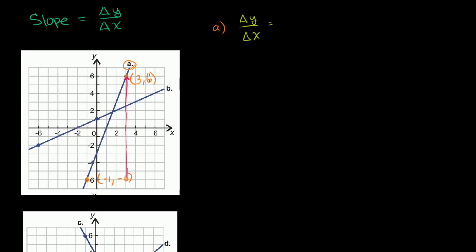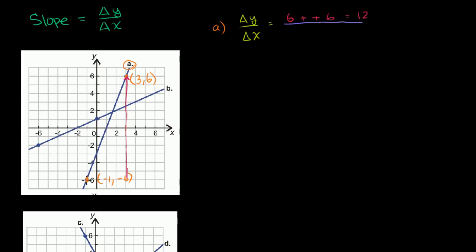So what's this distance right here? Well, it's going to be your endpoint y value, 6, minus your starting point y value, minus -6, or 6 plus 6, which is equal to 12. And you could just count this. You say 1, 2, 3, 4, 5, 6, 7, 8, 9, 10, 11, 12. So when we changed our y value by 12, what was our change in x over this same change in y?